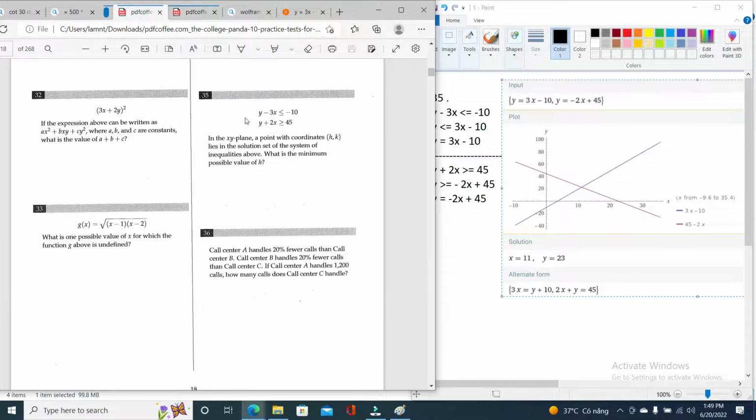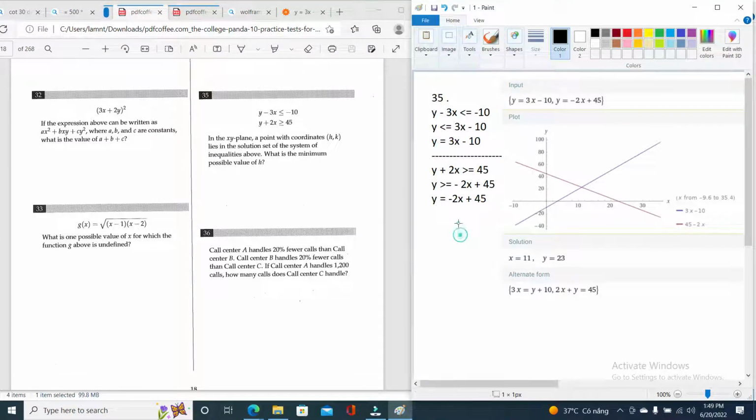So the answer is that y has to be less than 3x minus 10, so we have to take everything under the graph. Let's try to color code that. With the brush, in blue, I'm going to do the line. So everything under this graph is the solution.